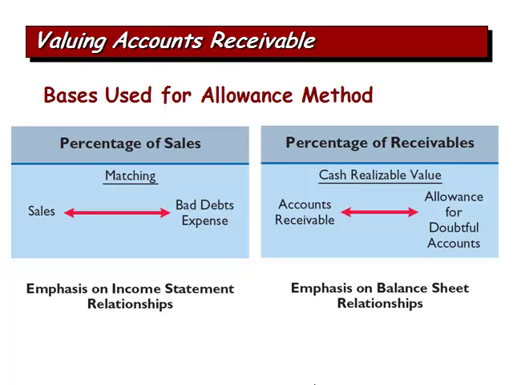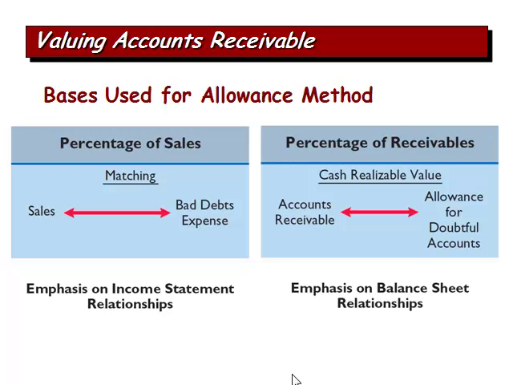One is to take a percent of sales: look at our total sales for the year, and look at what's happened to this business in the last 4 or 5 or 10 years, however long we can get good data for. Looking at sales, we take a percent of sales to come up with what our bad debt expense should be. And this one has a focus on the income statement relationships.